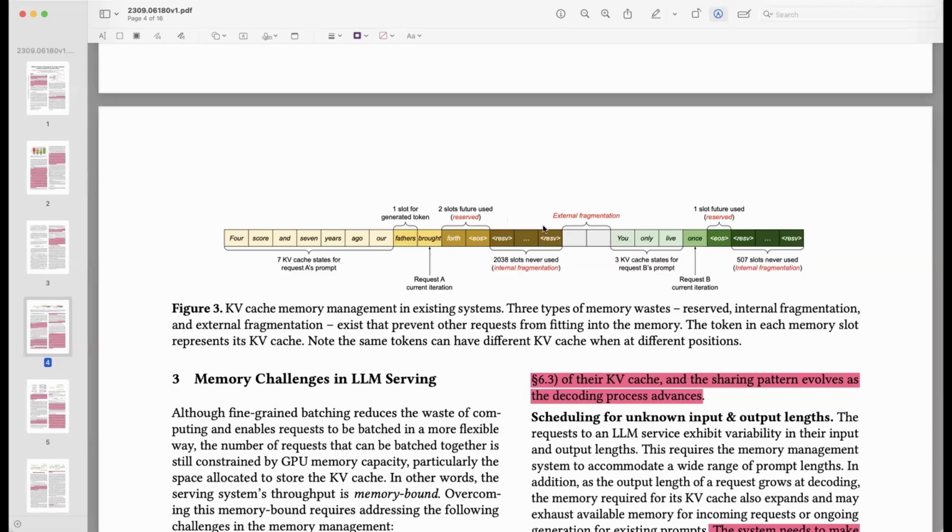This is what they're calling internal fragmentation. They show a similar example here where they allocated around 512 token slots, but the autoregression ended somewhere here, so 507 slots were never used during that request period.